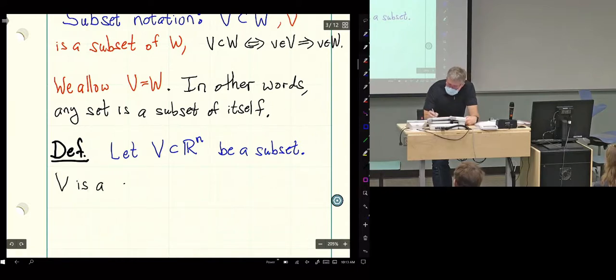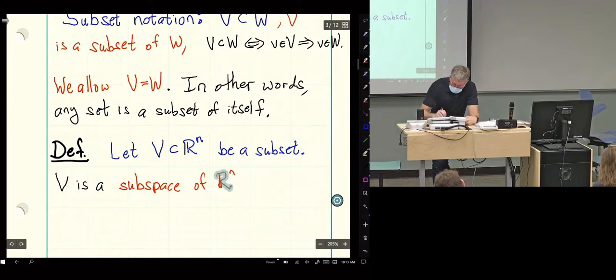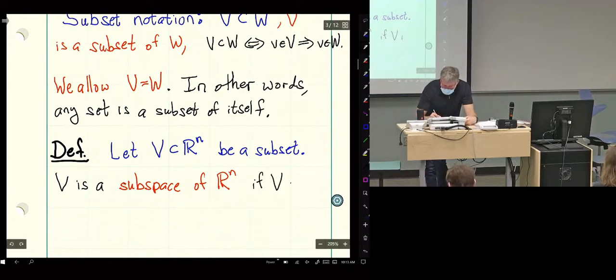V is a subspace of Rn if V is closed under linear combinations.